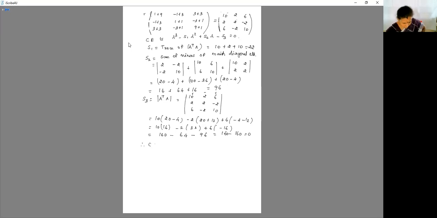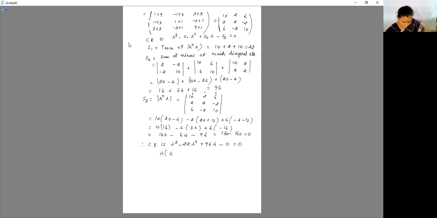Therefore, our characteristic equation is lambda cubed minus S1 lambda squared, where S1 is 22, plus S2 lambda, where S2 is 96, minus S3, which is 0. So we can take lambda outside.